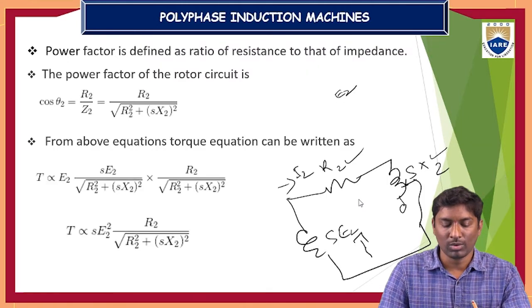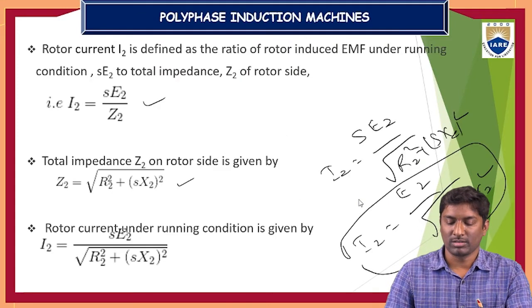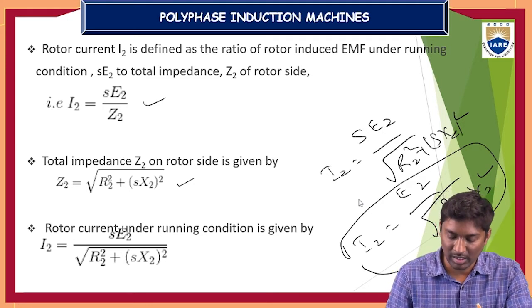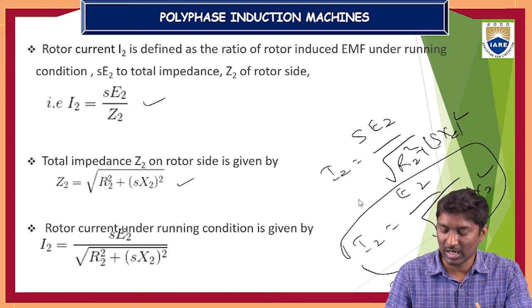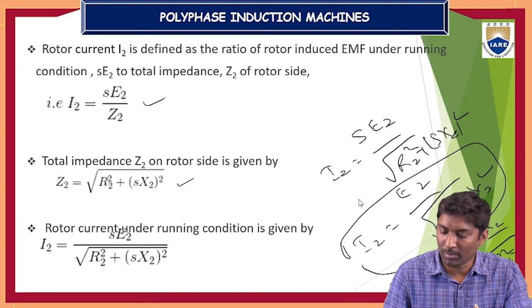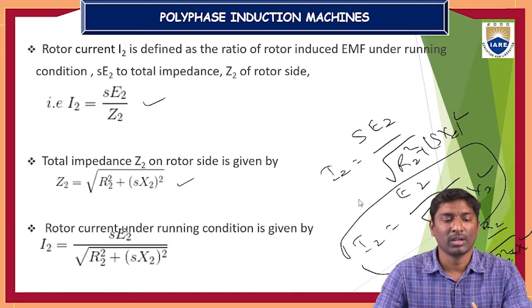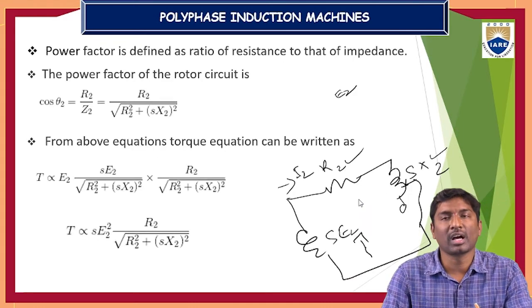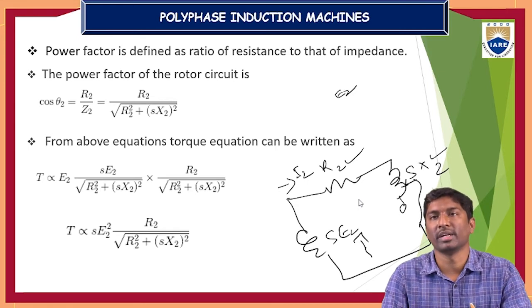Now the power factor. Under standstill condition, the rotor current I2 is equal to E2 divided by the square root of R2 squared plus X2 squared, and the power factor is cos phi 2 equal to R2 divided by the square root of R2 squared plus X2 squared. Now under running condition, the power factor is defined as the ratio of resistance to impedance.